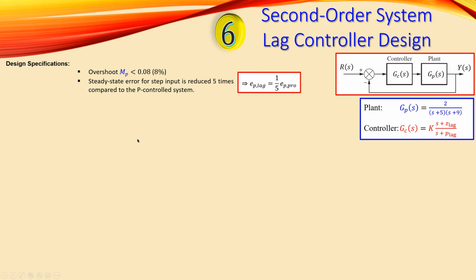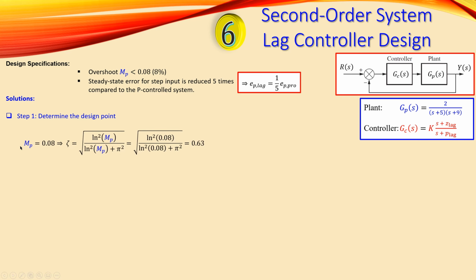So let's look at our first step. Step 1 in our solution is to determine the design point. It will allow us to determine then the parameters for our controller. So from the overshoot of 0.08, 8%, I can use the damping ratio formula again, and then I calculate the damping ratio, which is very close to 0.63.